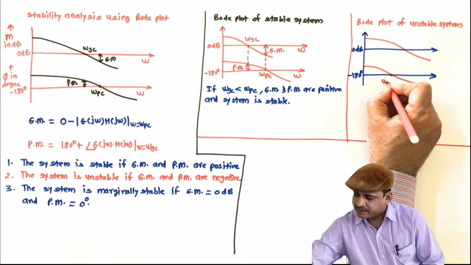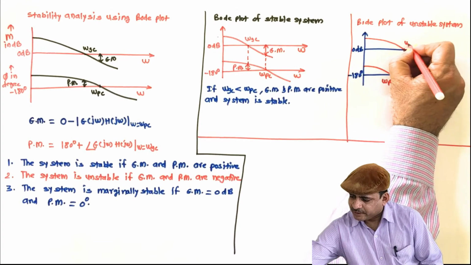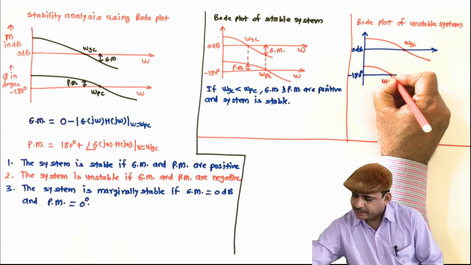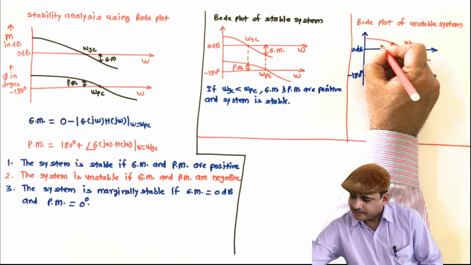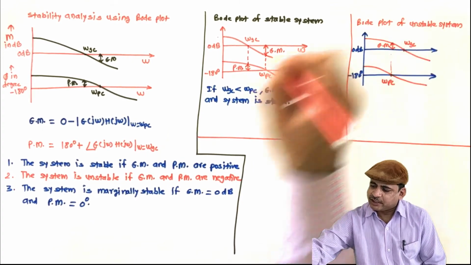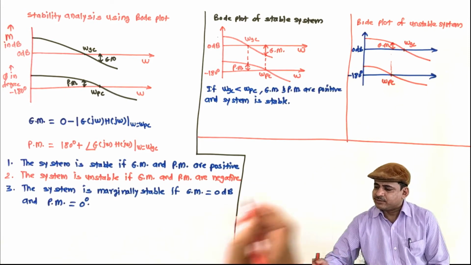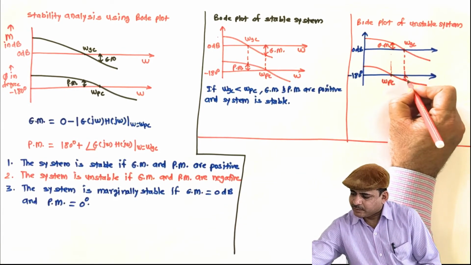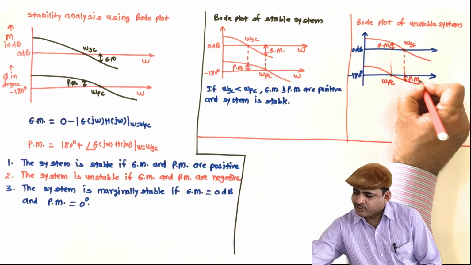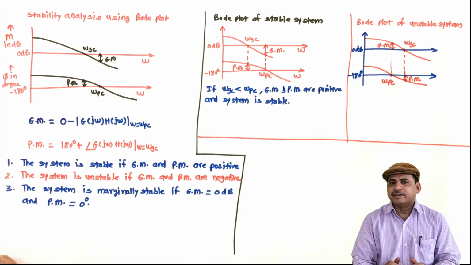This is omega PC, omega GC, and here this will be the gain margin. So 0 minus the positive value becomes negative, and at the same time the phase here is more negative than minus 180.